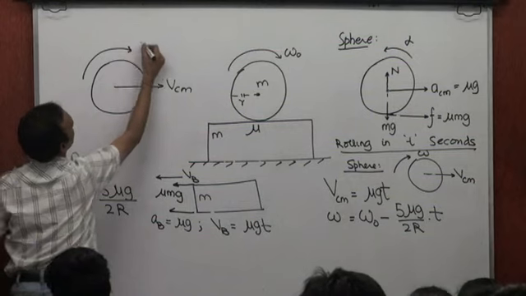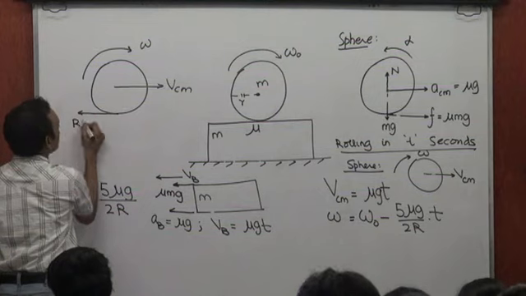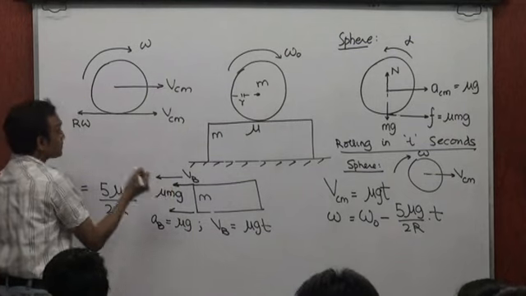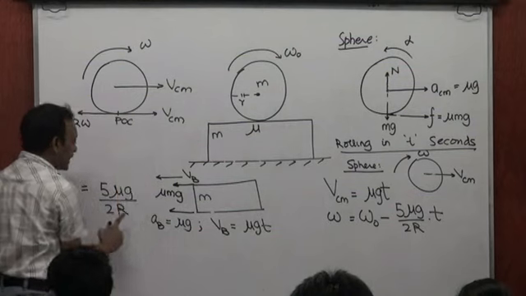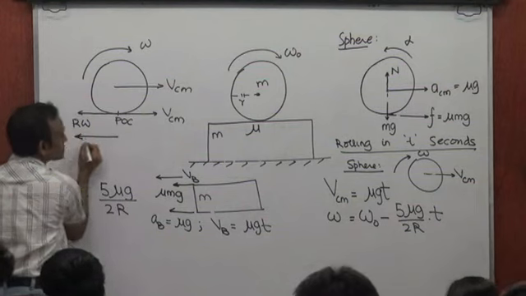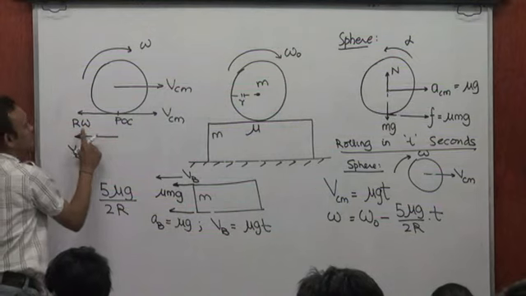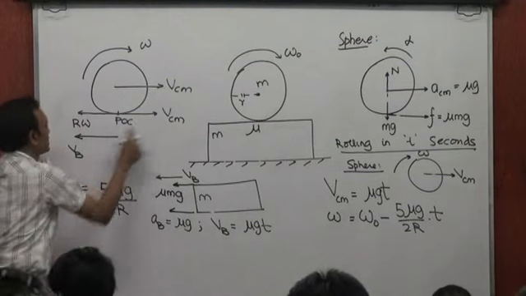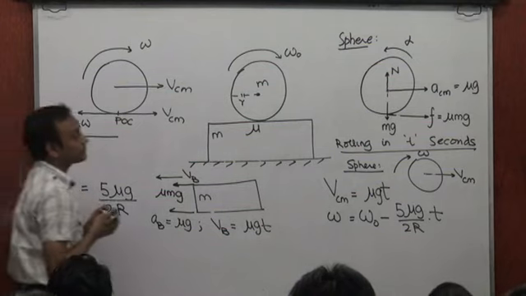It has an omega this way, and therefore it has r omega leftwards because of pure rotation, and it has VCM rightwards. This is the state of the point of contact on the sphere, and this point of contact must have the same velocity as the block to the left, so its velocity must be Vb to the left. Rolling requirement would imply r omega minus VCM equal to Vb. That's going to be the rolling requirement. Clear?